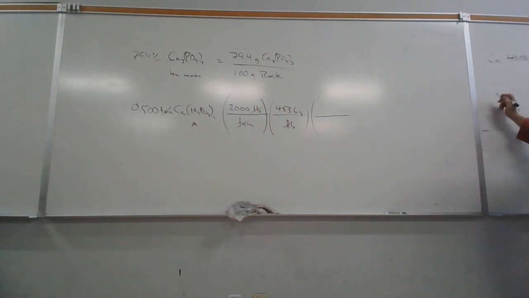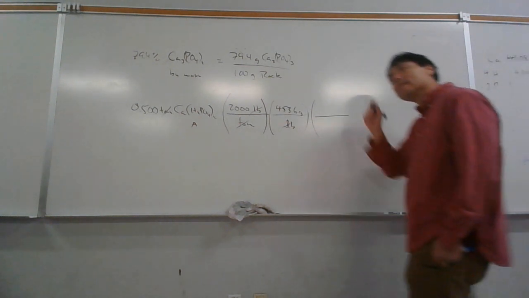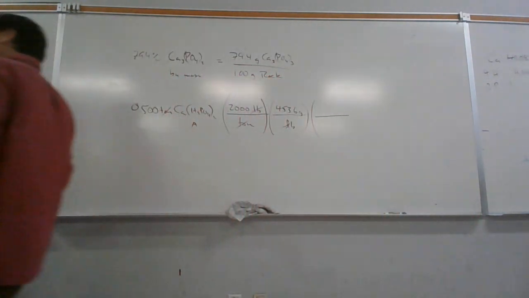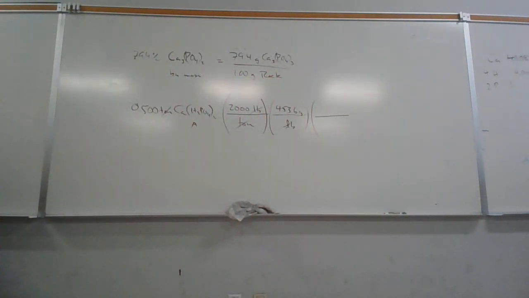How many hydrogens do we have? 4 hydrogens. That's going to be 4.04. 2 phosphorus, which will be 2 times 30.97, so 61 point.